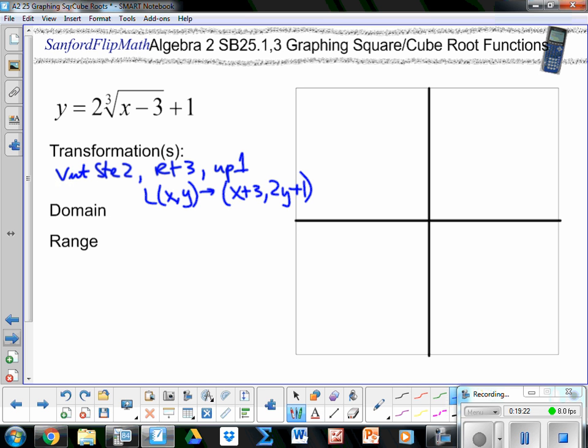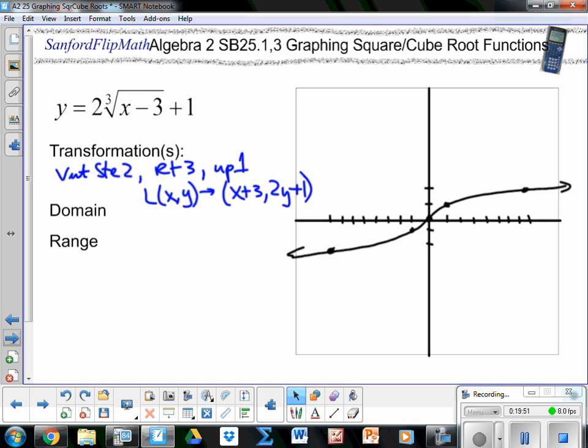And remember, the parent function goes through 0, 0, 1, 1, and 8, 2, and the negatives of those.